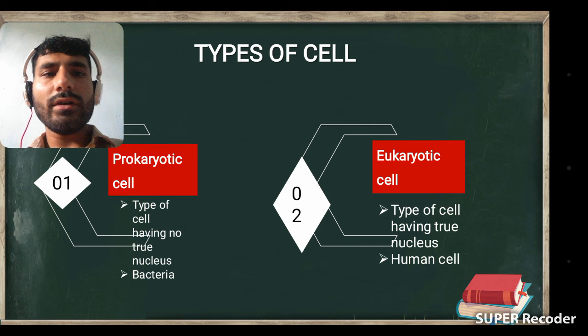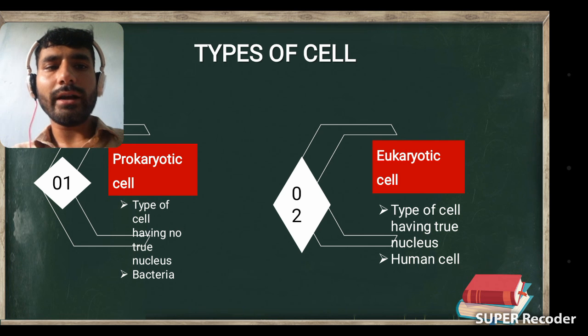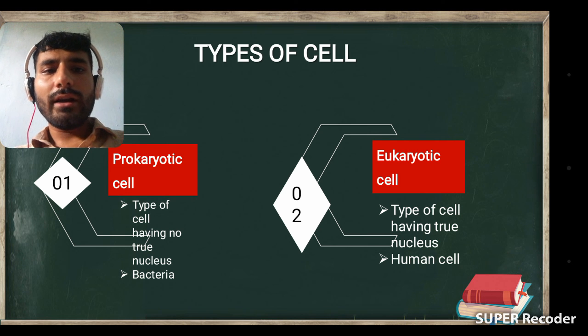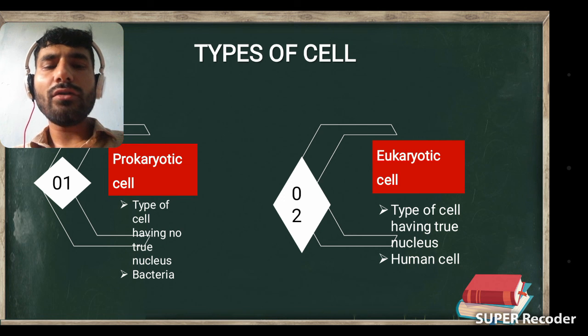Now going toward the types of cells, what are the different types of cells? Basically there are two main types of cells, prokaryotic cells and eukaryotic cells. What is a prokaryotic cell? That type of cell in which no true nucleus is present.